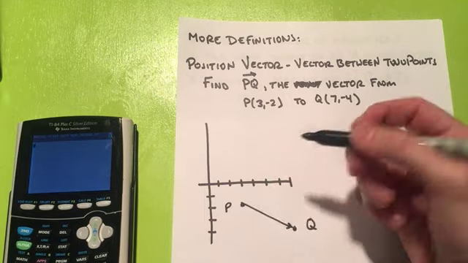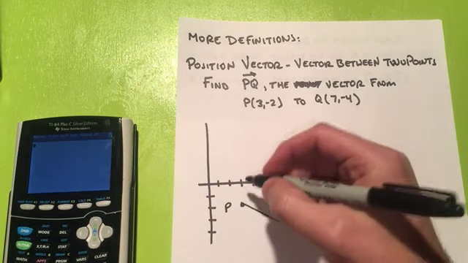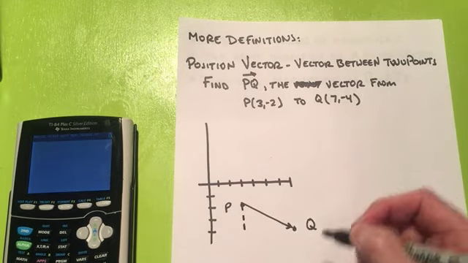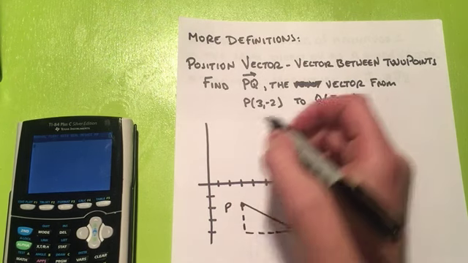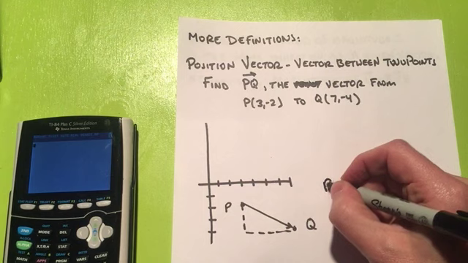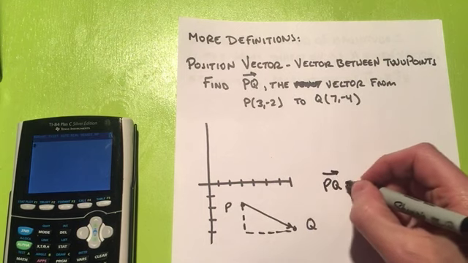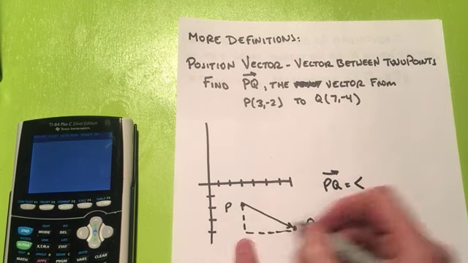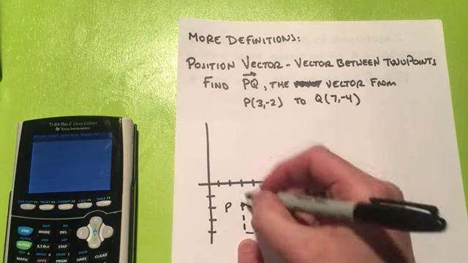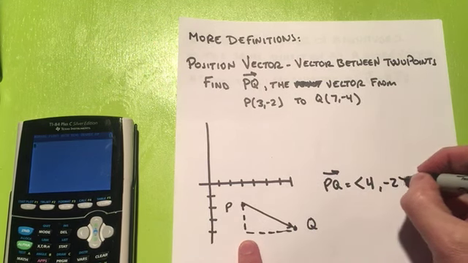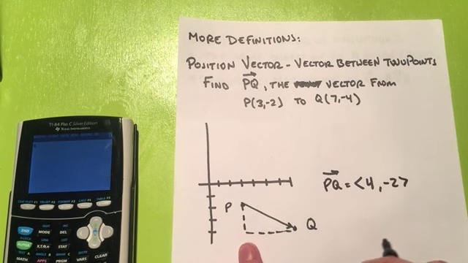Now, it's really a roadmap of how do we get from one point to the next. What I see is vertically we are going down 2, horizontally, we are traversing 4 to the right. So our position vector PQ is going to be, we have moved 4 units horizontally to the right, we've moved 2 units vertically down. Our position vector is 4, -2.